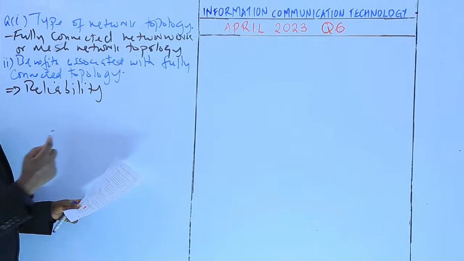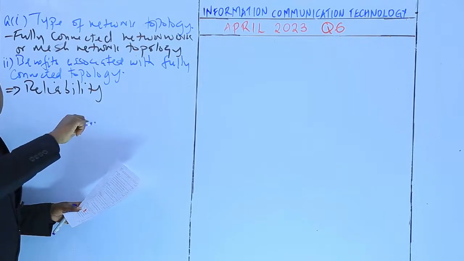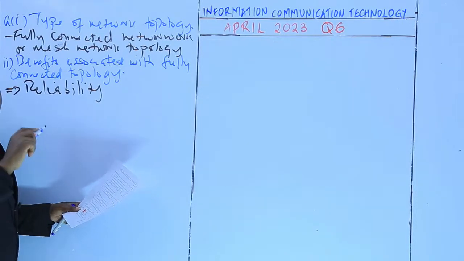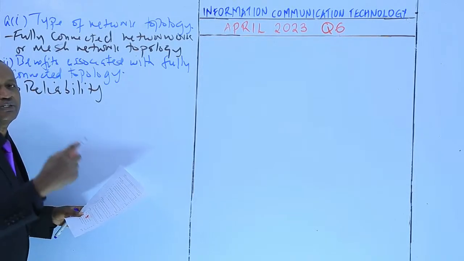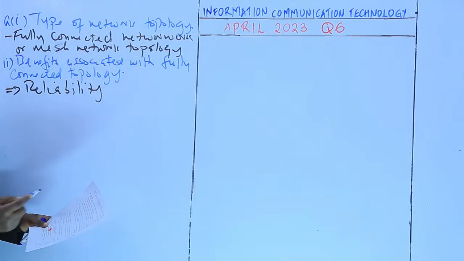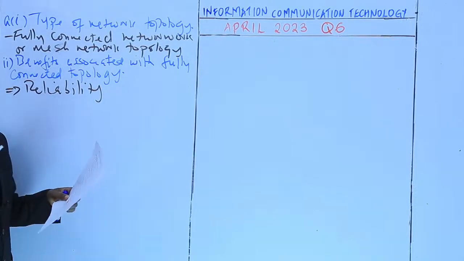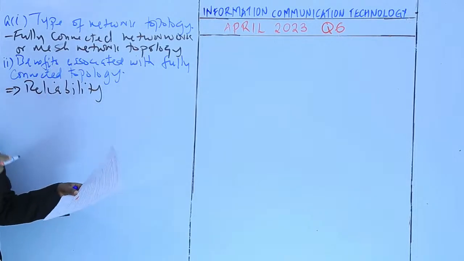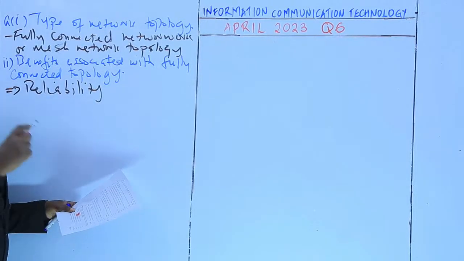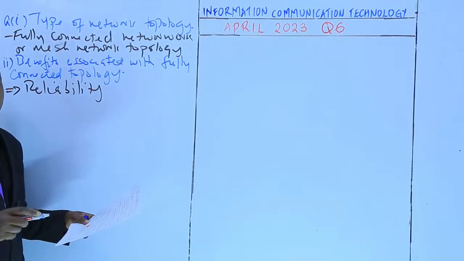So there is communication both ways between each computer. Each computer can receive information and it can give out information to each and every node in the network. And that leads to reliability. It provides multiple paths for data transmission, and if one connection fails, alternative paths are available, ensuring uninterrupted communication within the network.